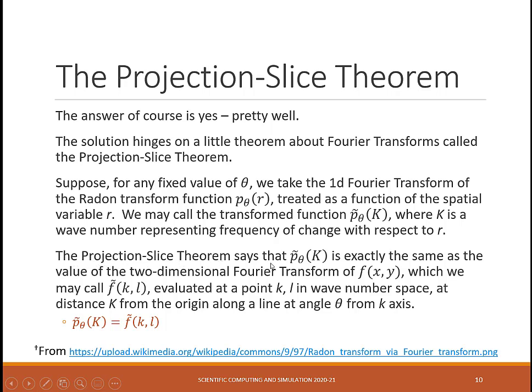Consider a given function p(theta, r). For any fixed value of theta, suppose p tilde(theta, k) represents the Fourier transform of the original function p(theta, r). The slice theorem says that p tilde(theta, k) is exactly the same as the value of f tilde(k, l), which is the 2D Fourier transform of the density function f(x, y).